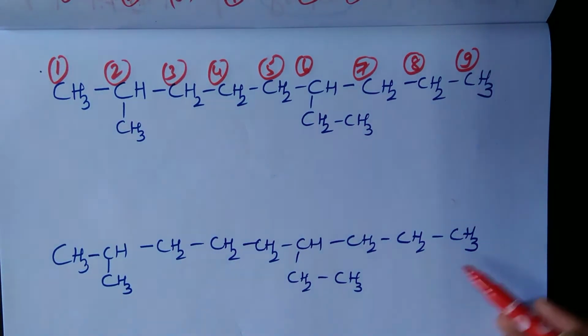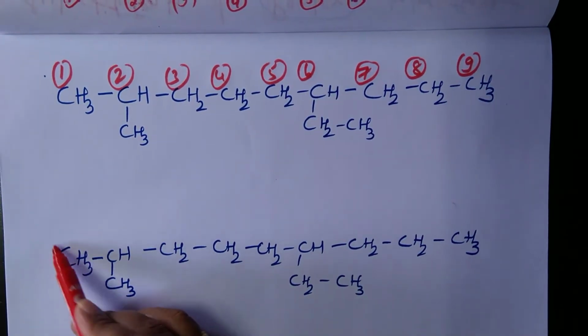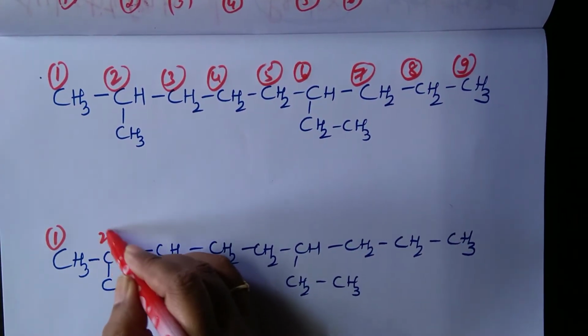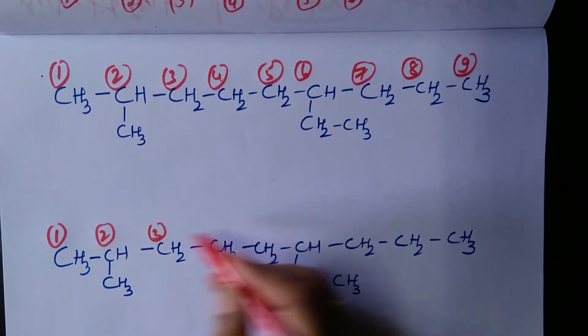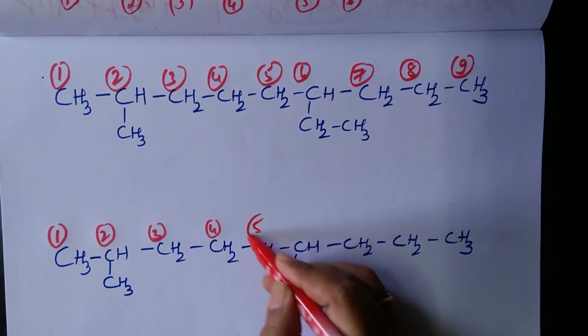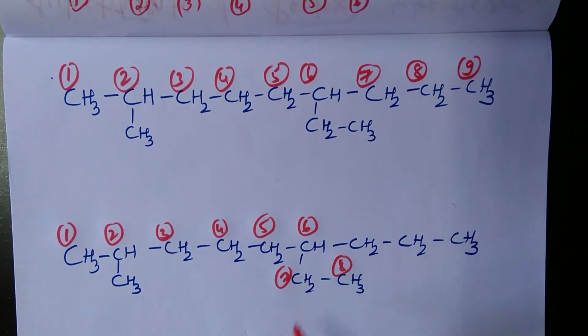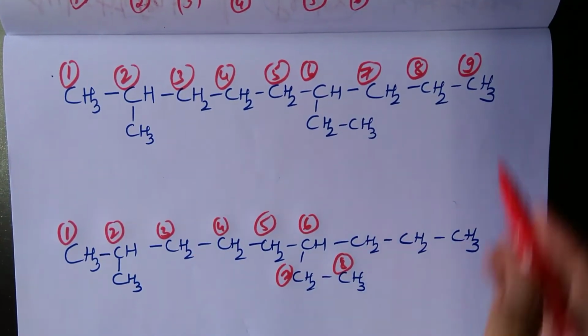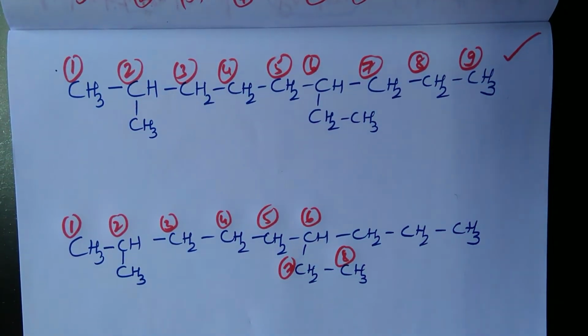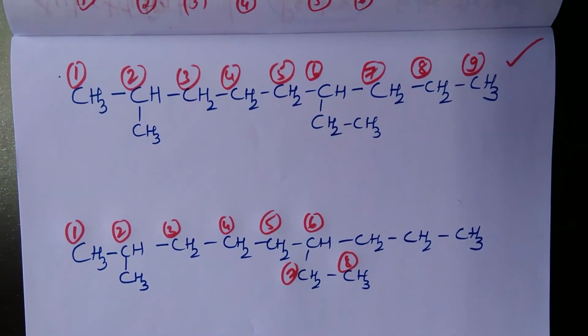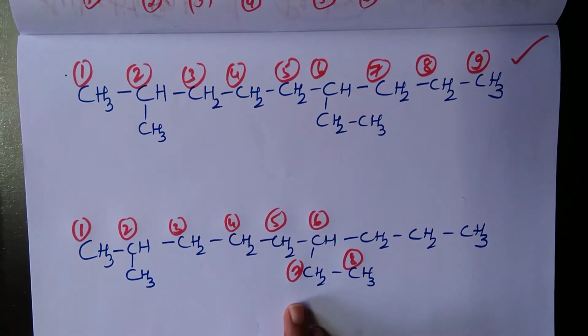If you take from this side, 1, I am going to take the branching, 2, 3, 4, 5, 6, 7, 8. So out of these 2 chains, which one is bigger? This is the longest carbon chain. So I have selected the longest carbon chain, and this is the wrong method of selection.